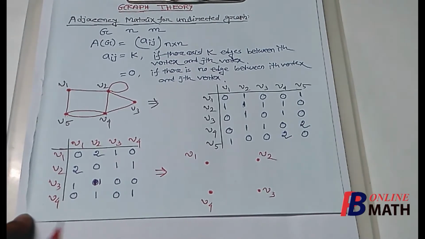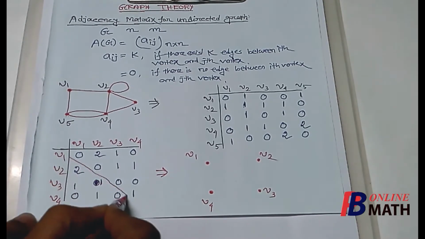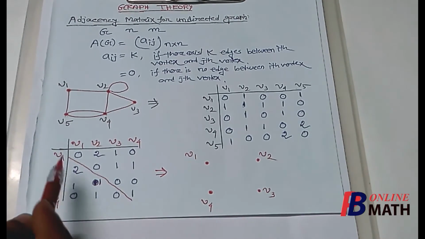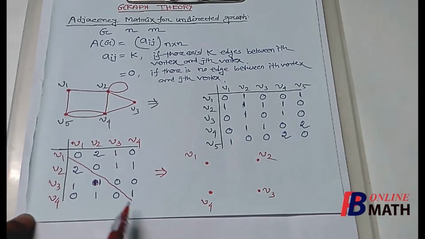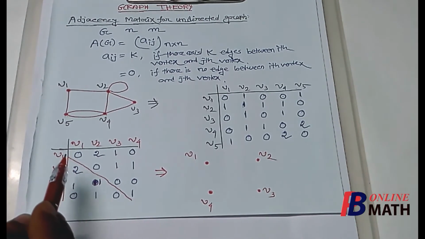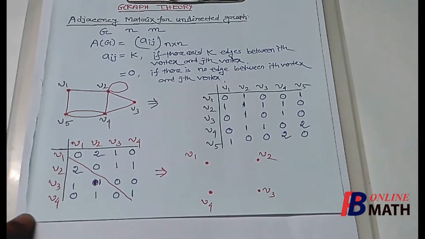If the matrix is symmetric, then the corresponding graph is non-directed. In that case, we just need to consider only the upper triangular part of this matrix. Using this upper triangular matrix, we can easily find the graph.